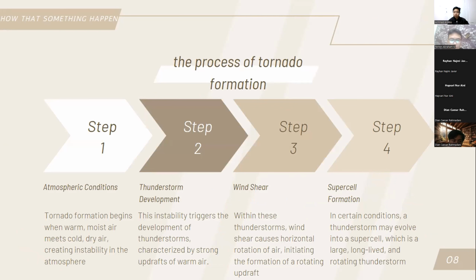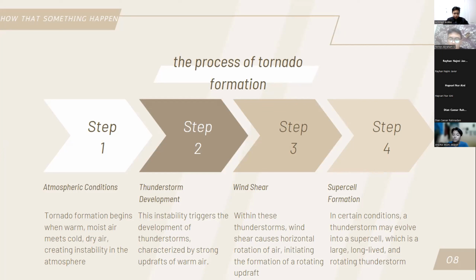The instability triggers the development of a thunderstorm, characterized by a strong updraft of warm air. Step three, wind shear. Within this thunderstorm, wind shear causes horizontal rotation of air, initiating the formation of a rotating updraft. Step four, supercell formation.